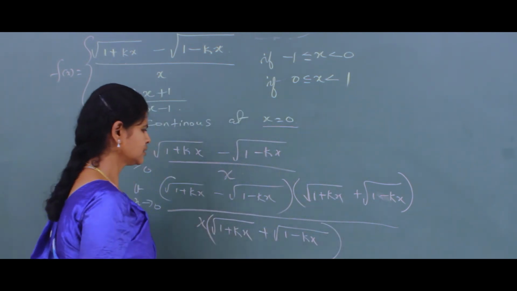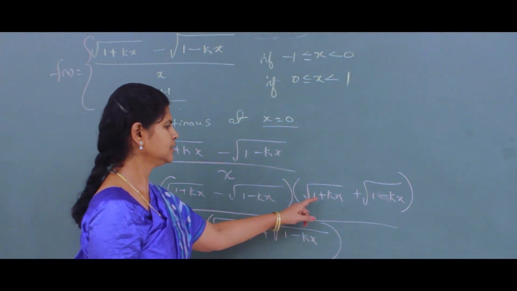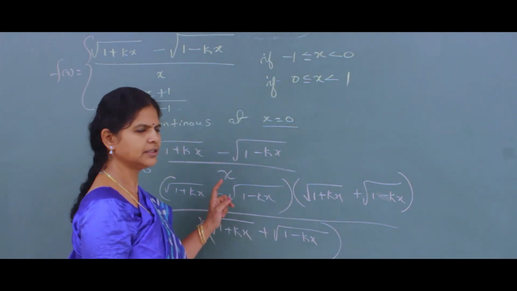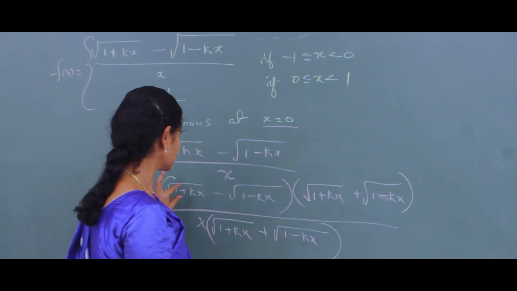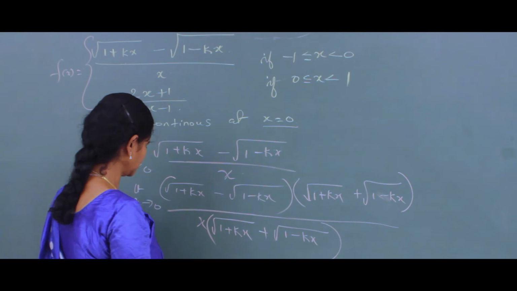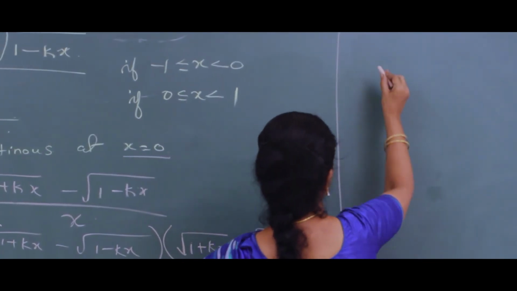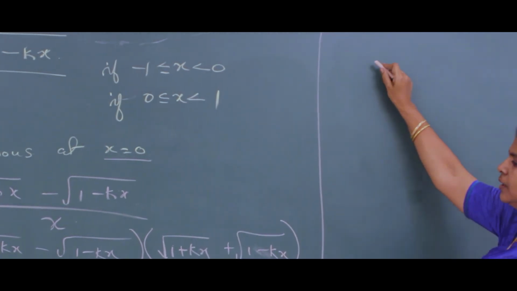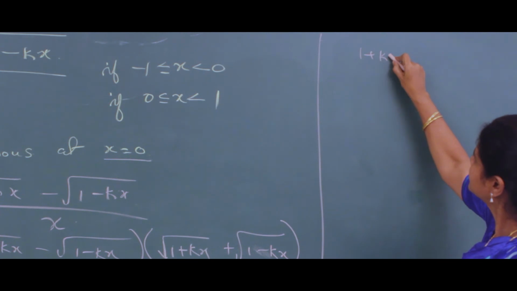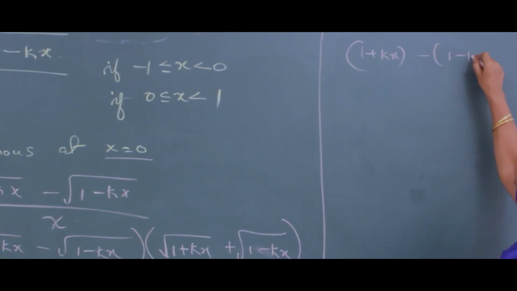If you multiply, this is a minus b, and this is a plus b. So a minus b into a plus b is a square minus b square. In the square roots, the squares of these terms give 1 plus kx minus 1 minus kx.